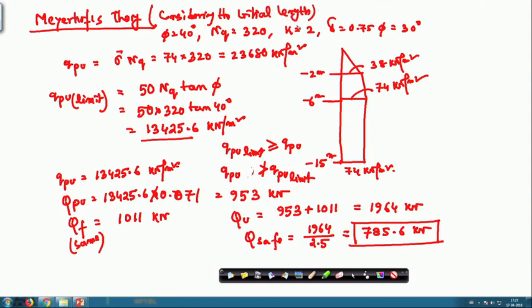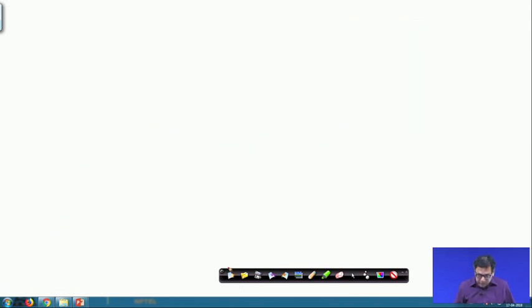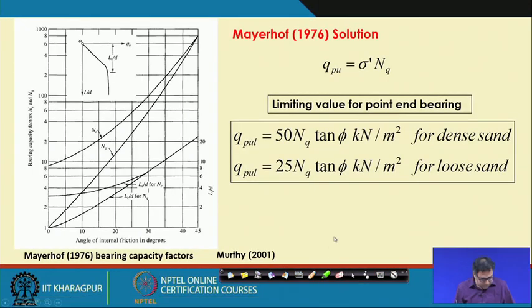Remember that when you are using the Meyerhoff's method, you have to consider the critical length concept. So, that is 785.6 kilonewton. Now, the same problem I will do considering the IS code. Let us see how I can do it.